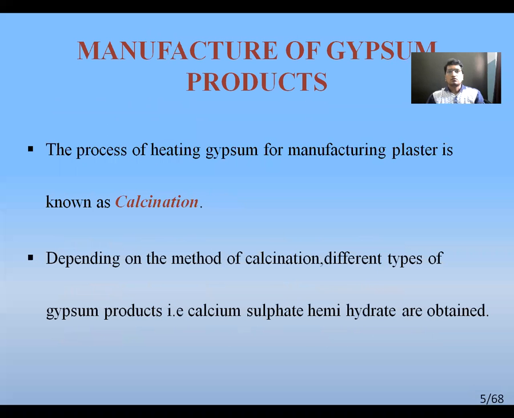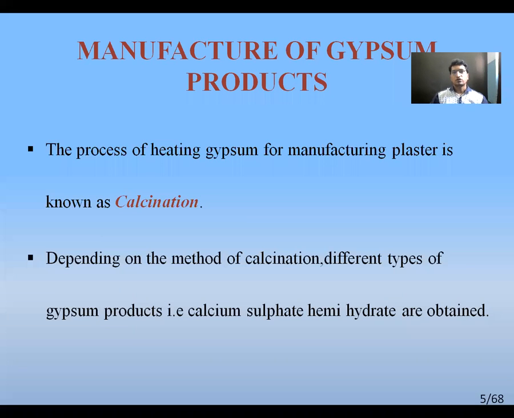Now, manufacturing of gypsum products. How do we get them? Gypsum is a stone from which we get a number of products like dental stone, dental plaster, and die stone. All these products are formed from a single product known as gypsum. The process of heating gypsum for manufacture of plaster is known as calcination.